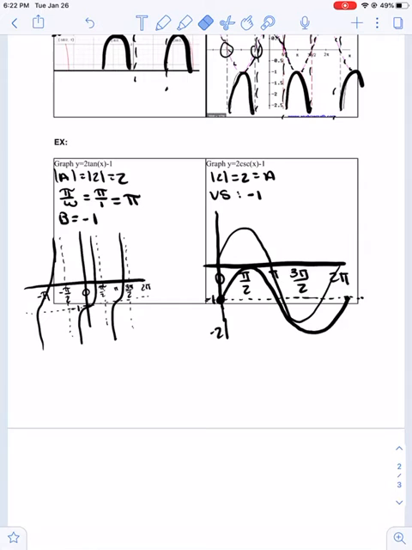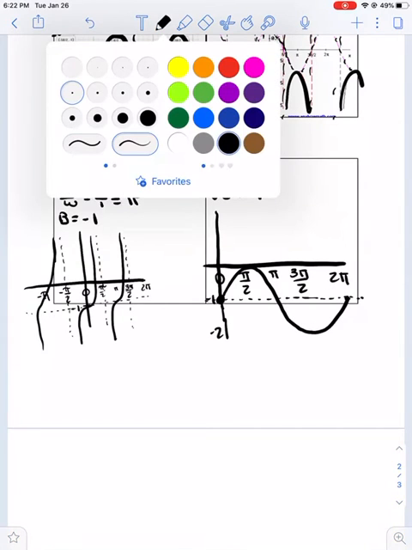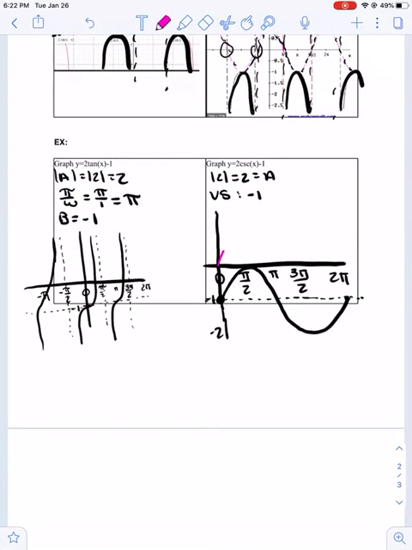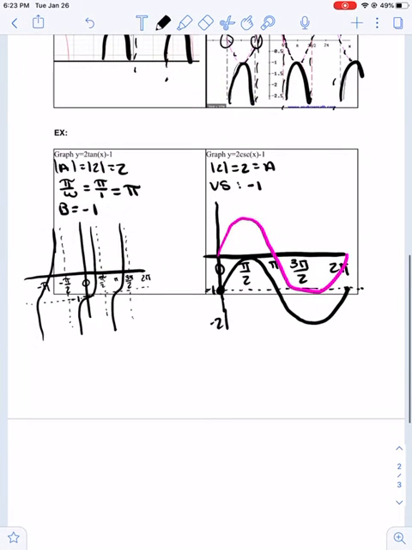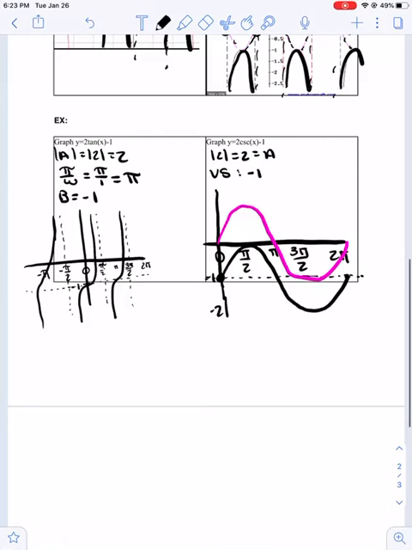So we have that vertical shift going down 1. So our original, I'll draw the original sine graph in pink. So here's our original sine graph. And then the black graph is that shifted down 1.